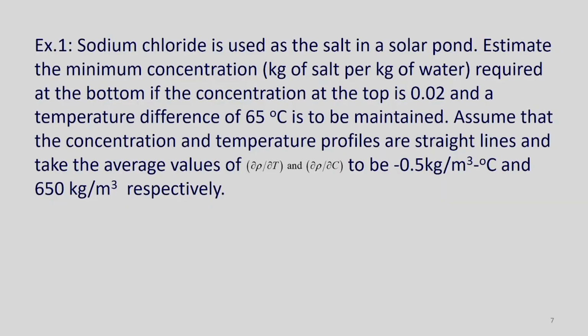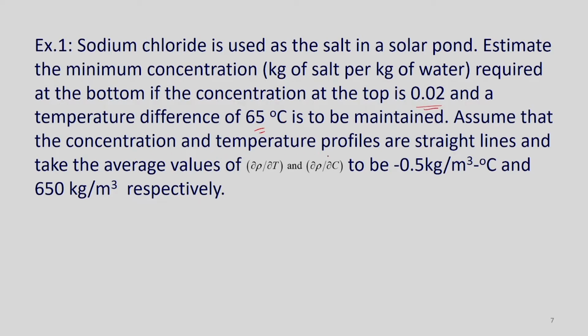So, let us take a small example about this concentration to understand it in a deeper sense. Sodium chloride is used as a salt in a solar pond. Estimate the minimum concentration, that is kg of salt per kg of water, required at the bottom if the concentration at the top is given as 0.02 and a temperature difference of 65 has to be maintained.